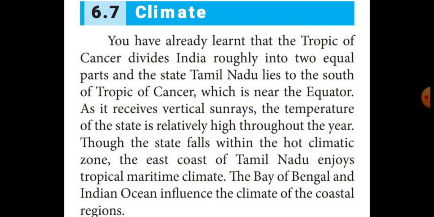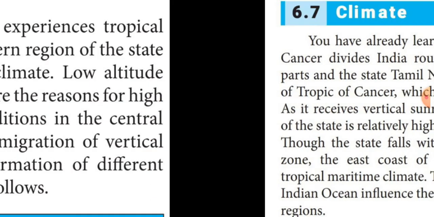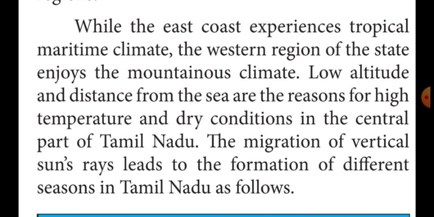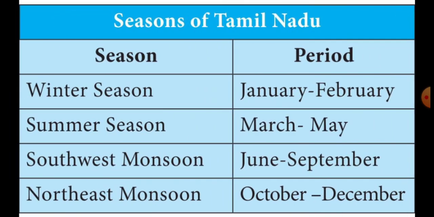Okay. Now, let's see the tabular column. See the book, students. The seasons of India and Tamil Nadu are given. Listen here. There are four main seasons: winter season, summer season, southwest monsoon and northeast monsoon.